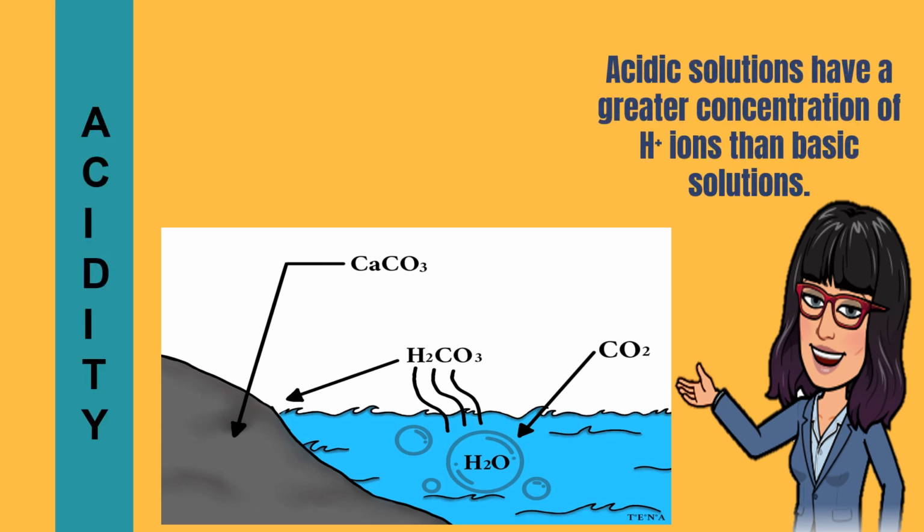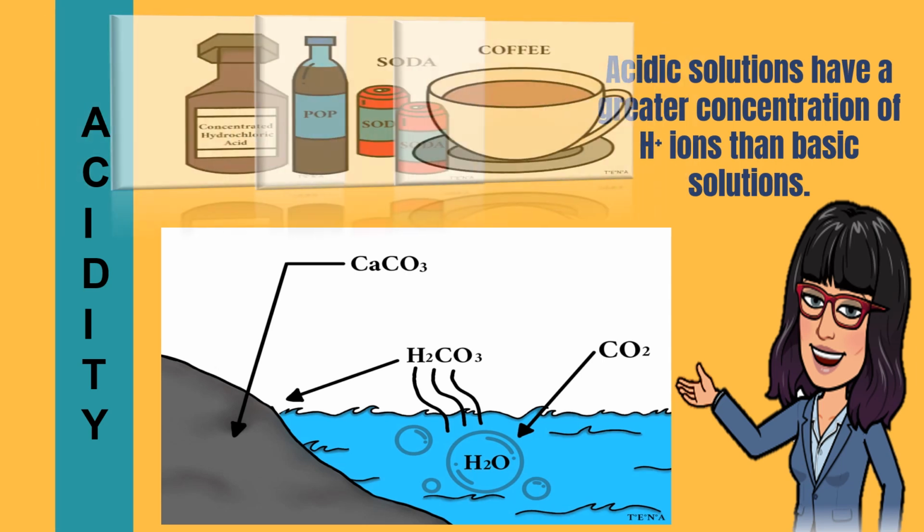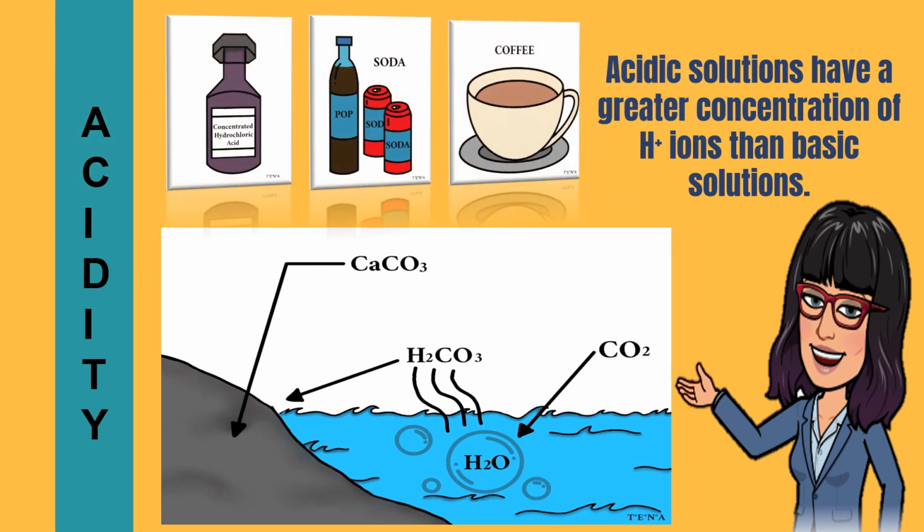Acidic solutions have a greater concentration of hydrogen ions than basic solutions. Same thing as saying a solution with a very low pH is acidic, while solutions having high pH are alkaline. Acidic solutions can be found at home, such as hydrochloric acid, soda, and coffee.